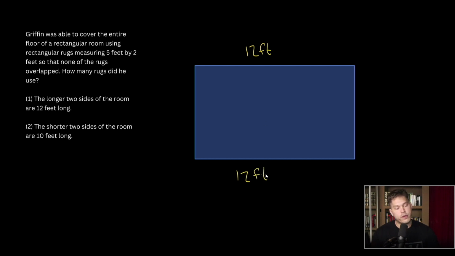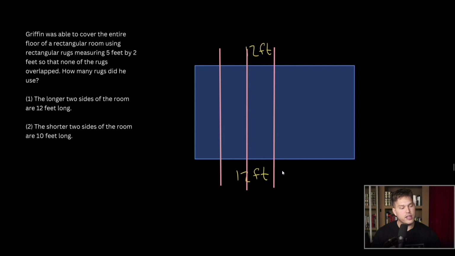So with this information, could we determine how many rugs are used? Well, since none of the rugs overlap, I know that we must divide this 12 feet into 6 equal parts, such that the width of the rug, the 2 feet, will fit nicely.